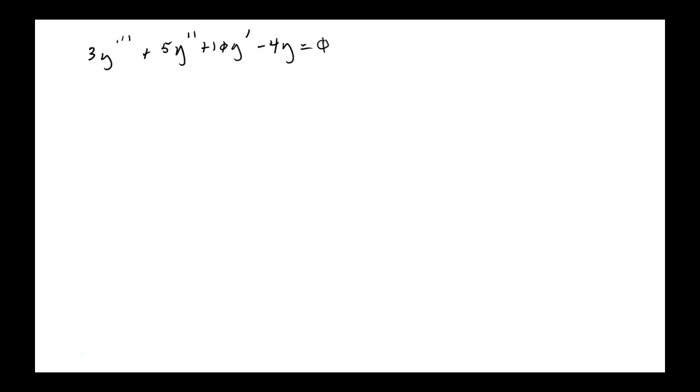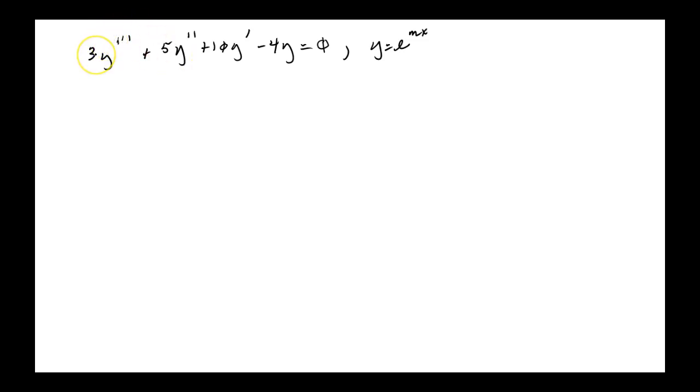Now, of course, anytime you have constant coefficients with a linear, higher order differential equation, your assumption is y equals e to the mx will be a solution, and then we build the other solutions from that. Now, when you plug that in, we take up to the third derivatives here.